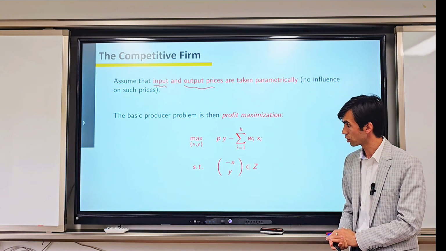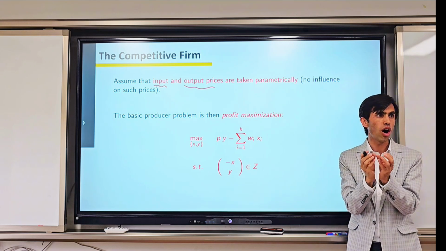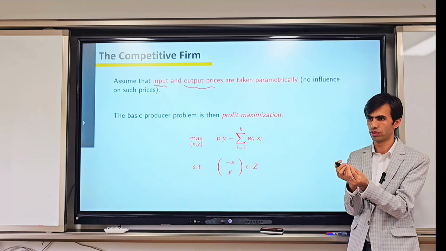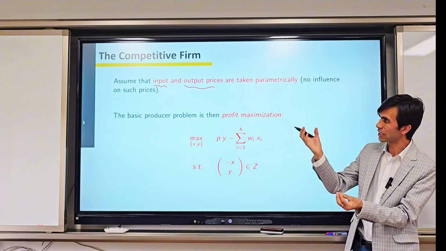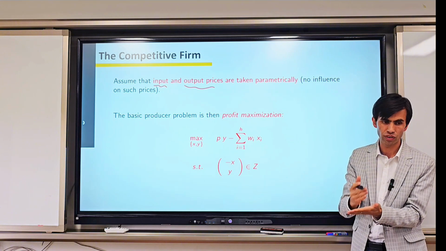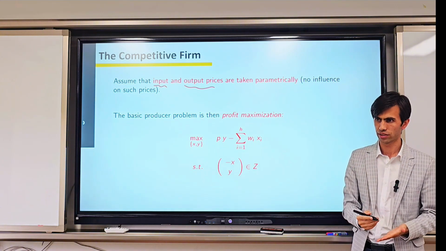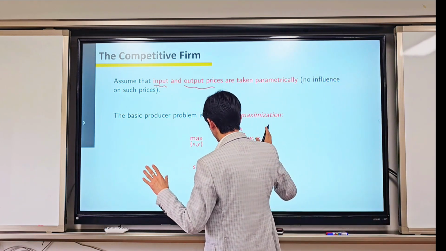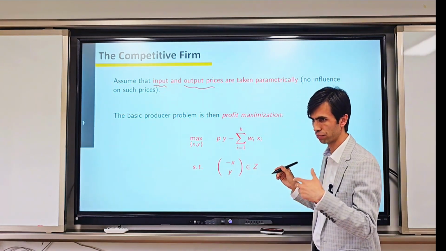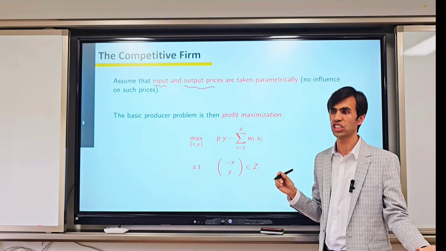So what we are going to do is find the optimal level of output that maximizes our profit with the given level of input and output prices. For example, we have a dairy company that produces, for example, cheese and yogurt.